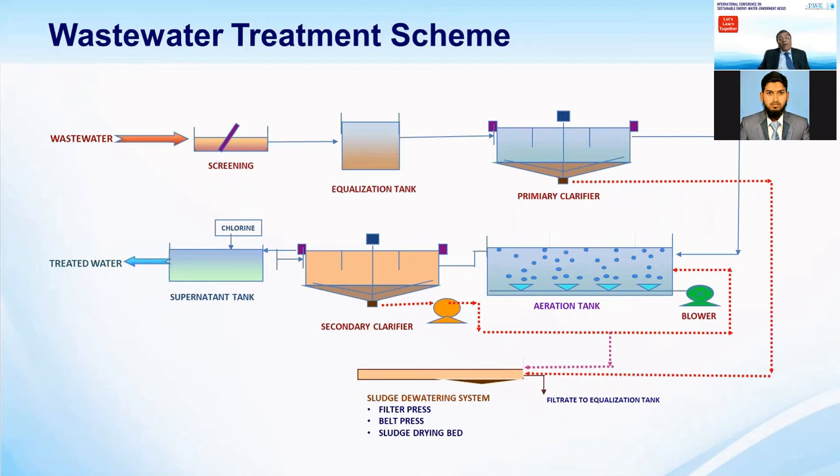The objective of setting up a supernatant tank to finally store the wastewater is that you can do the chlorination, and ahead of that, you can use sand filters or UF, and you can recycle the wastewater for agriculture or any other use, for the plantation or for recycling. We will discuss this in the next slide.